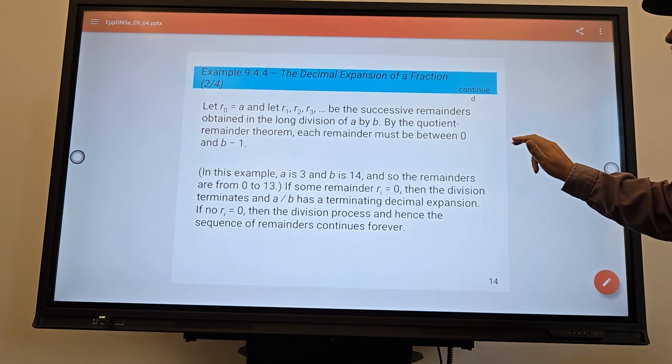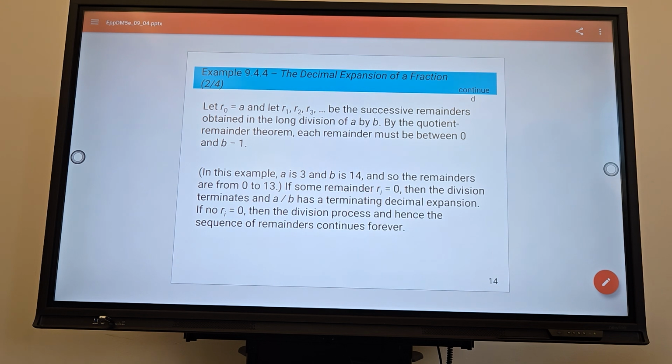Let R0 be a, and let R1, R2, and R3 be the successive remainders obtained in the long division of a divided by b. By the quotient remainder theorem, each remainder must be between 0 and b minus 1. In this example, a is 3 and b is 14, and so the remainders must be between 0 and 13.